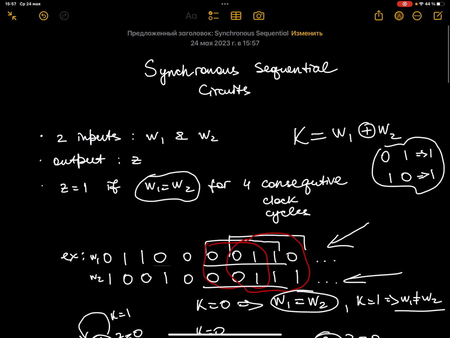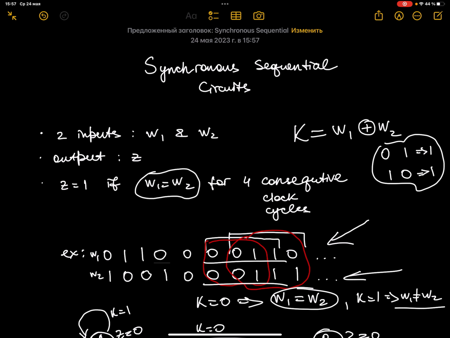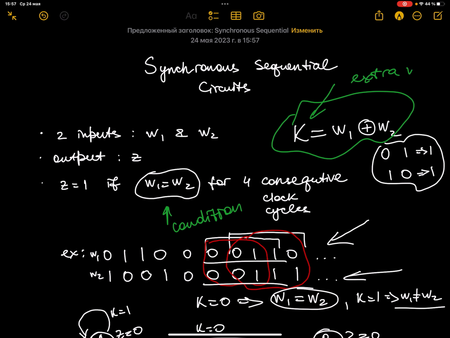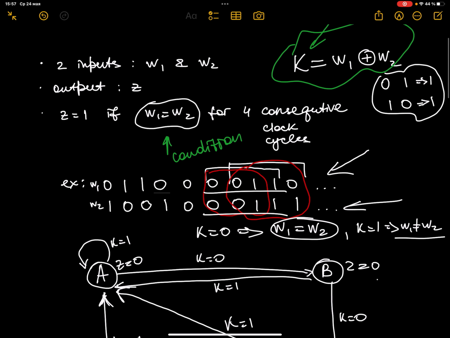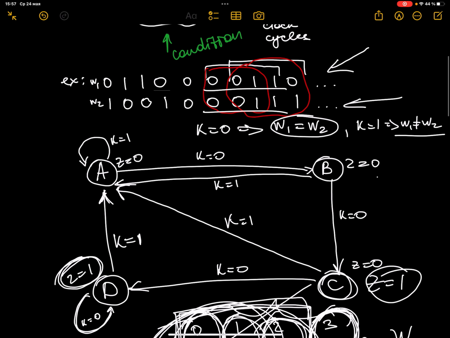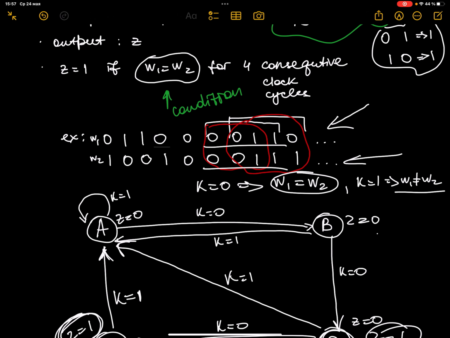So let's analyze from the beginning. You had this condition, and from the condition, firstly, you derived one more variable, K, to check the condition. You need an extra variable for this. Then you built the state diagram, for 4 consecutive clock cycles, 4 same bits.